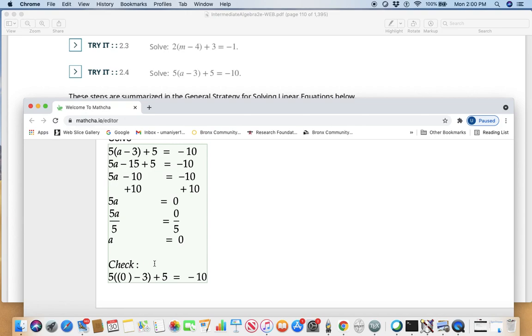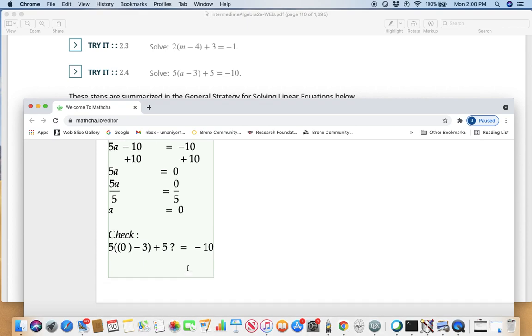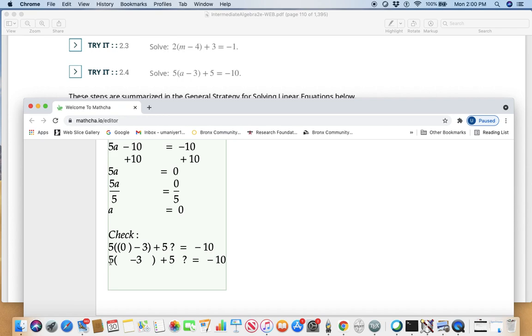Remember, you're checking, so it's a question mark equation. 5 times the parenthesis minus 3, plus 5 question equals negative 10. 0 minus 3 is negative 3. 5 times negative 3 is negative 15.